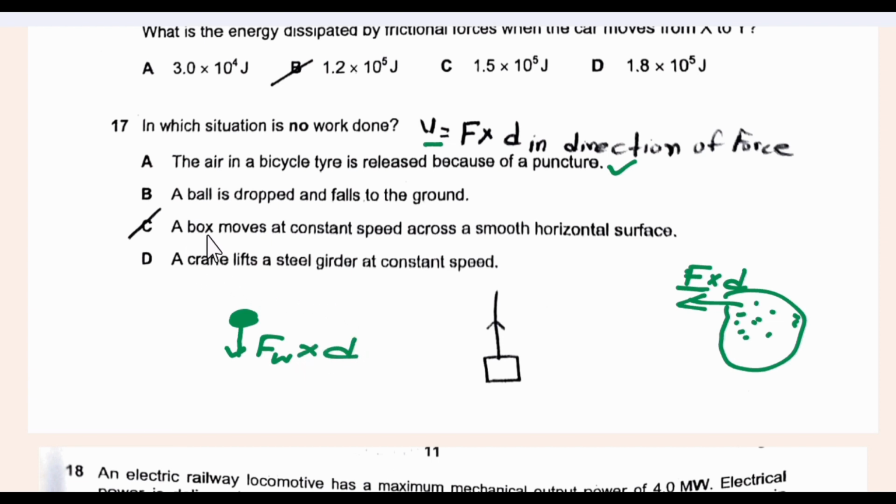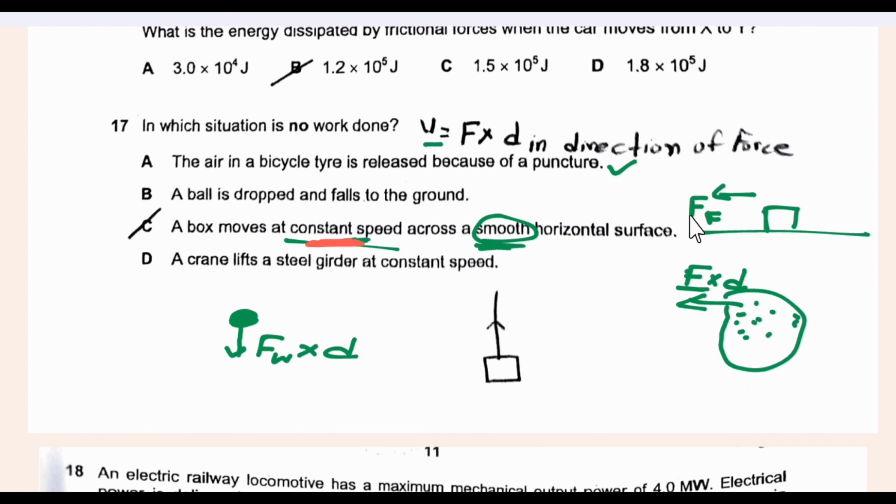Then in option C, a box moves at a constant speed across a smooth horizontal surface. Suppose this is a smooth surface, and since the surface is smooth, there is no frictional force. Also, as it moves at a constant speed, there is no driving force, because if some driving force were acting, then it would not move at a constant speed.